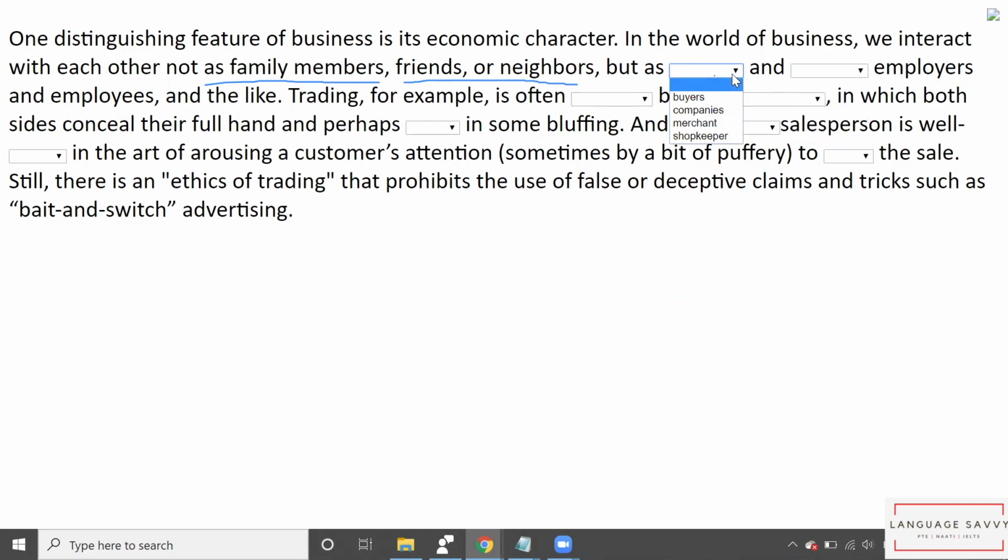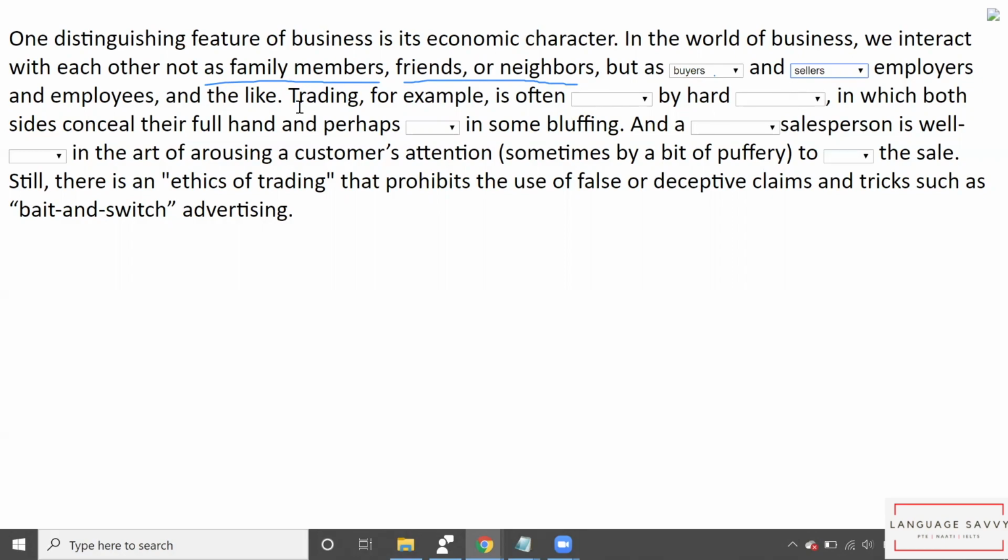So obviously this has to be buyers and sellers, because when we are interacting in a business, we interact as buyers and sellers, just like employers and employees. So the clue was right in front of our eyes. Mostly clues like these are right in front of the blank, either followed by the blank or preceded by the blank.